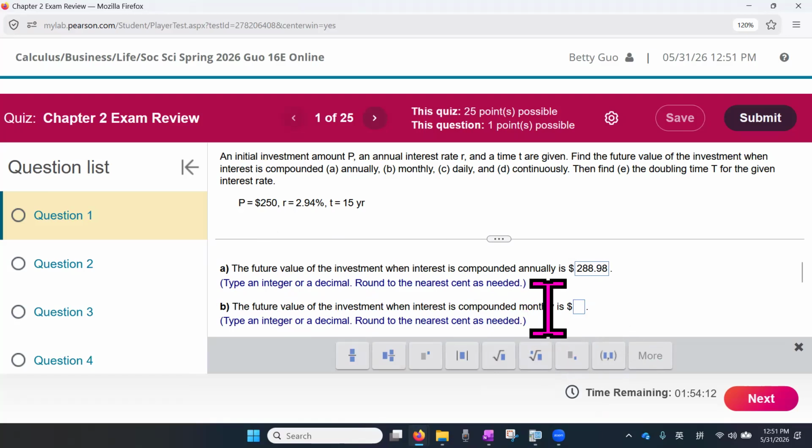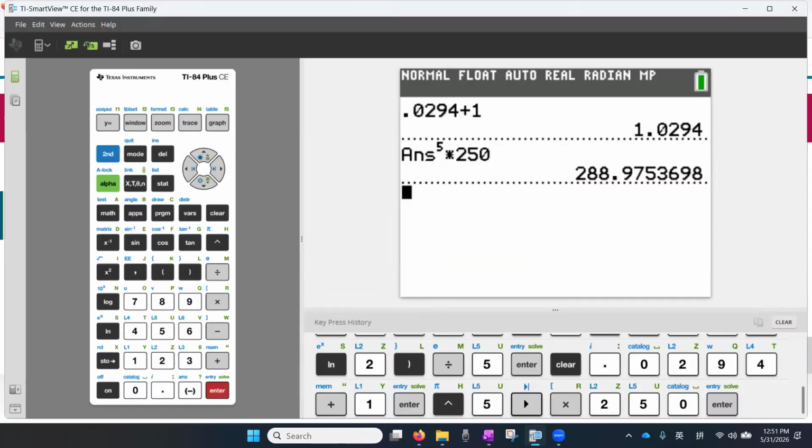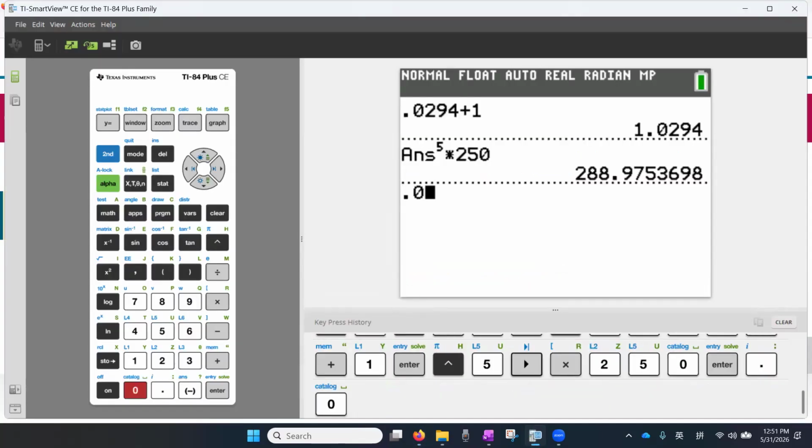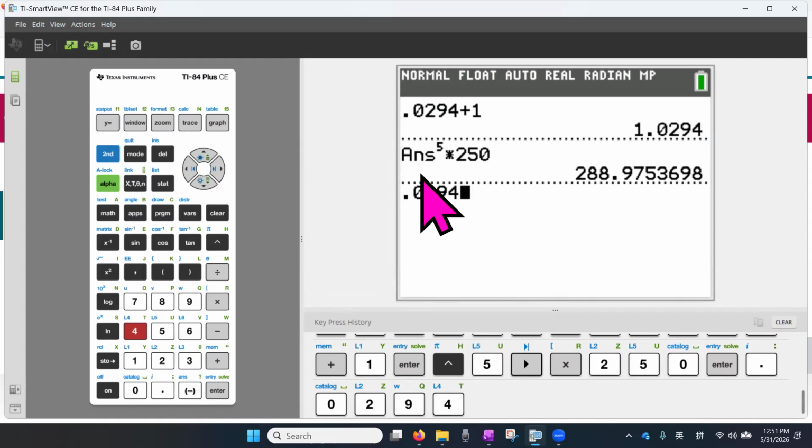Okay, compounded monthly, and we'll still start with the annual interest rate, which is 0.0294. One advantage of the TI-84 calculator is you have your history here, just in case you need it. So remember, this is the annual interest rate, 2.94%.